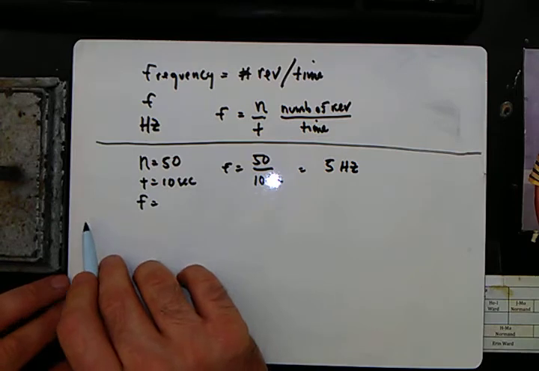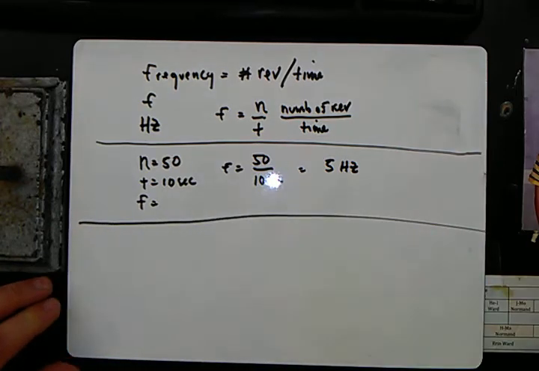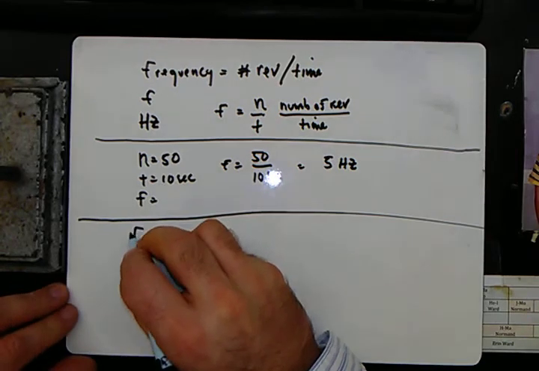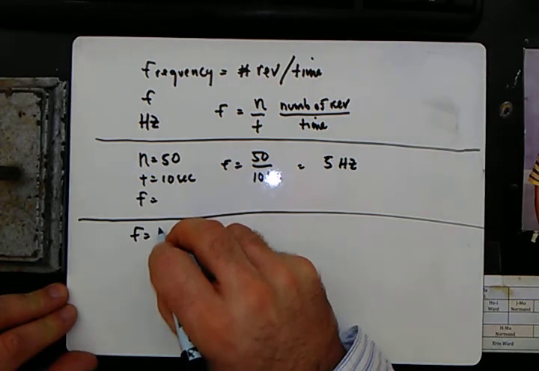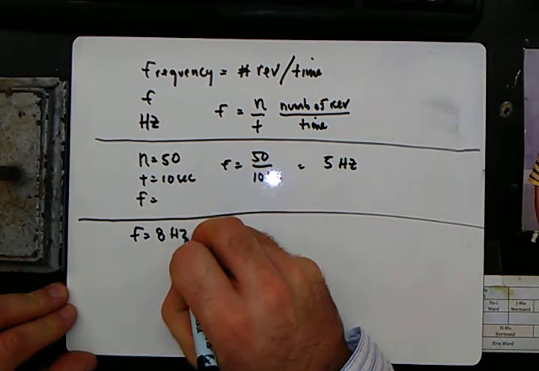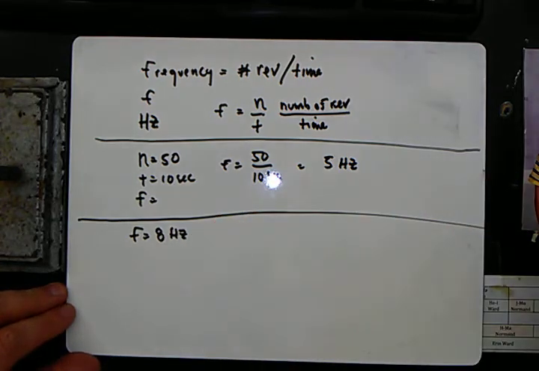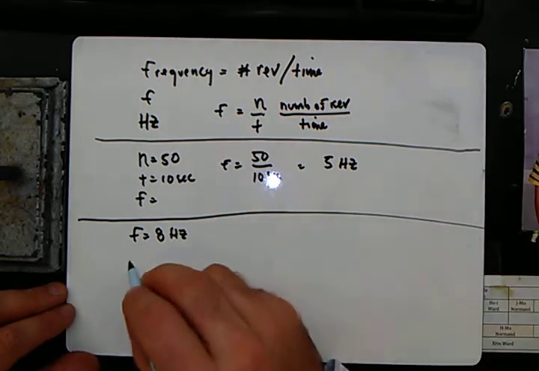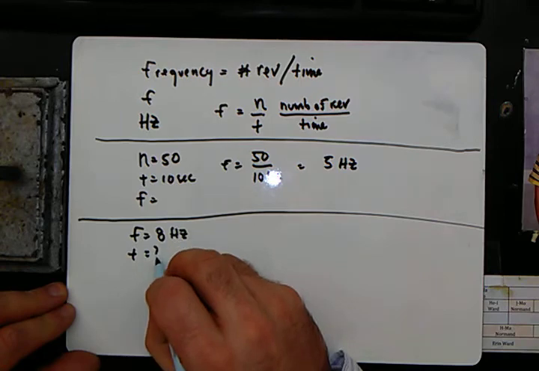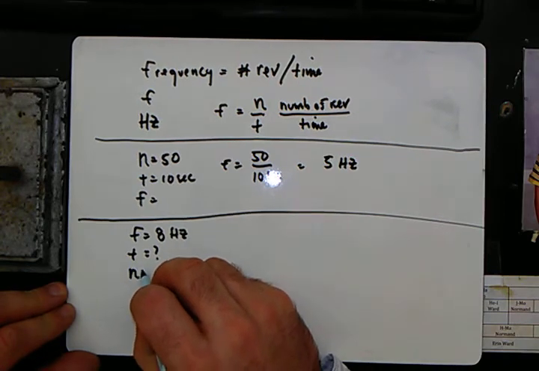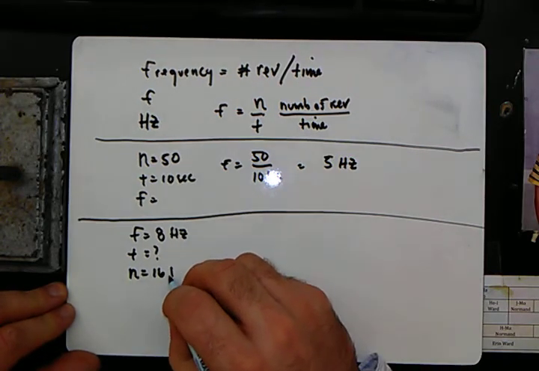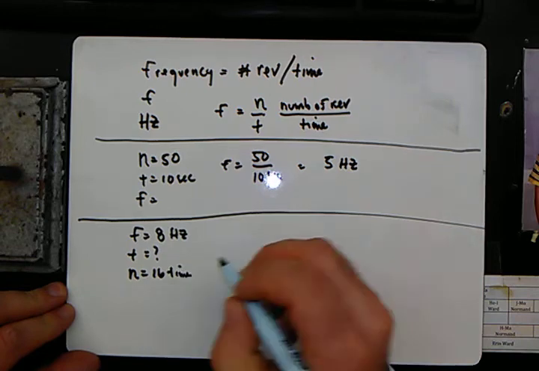Now we're gonna flip it around a little bit and look at another one that says if a wheel spins with a frequency of 8 hertz, how much time will it take to spin around 16 times? So the time is in question here, and the n is 16 times.